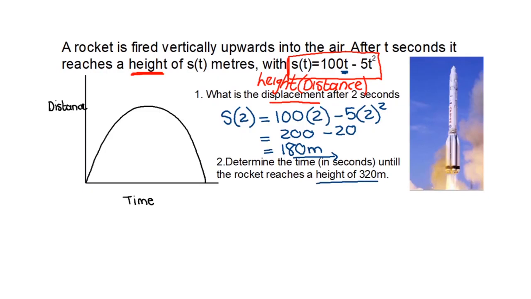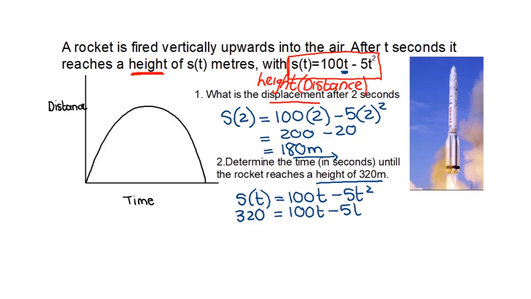The next question is, determine the time until this rocket reaches a height of 320 meters. Again, I'm using this height formula. It says the height is described by 100t minus 5t squared. If the height in this case is 320, then I replace the s with 320, and that will be equal to 100t minus 5t squared.